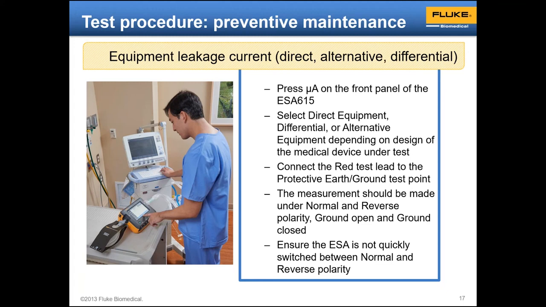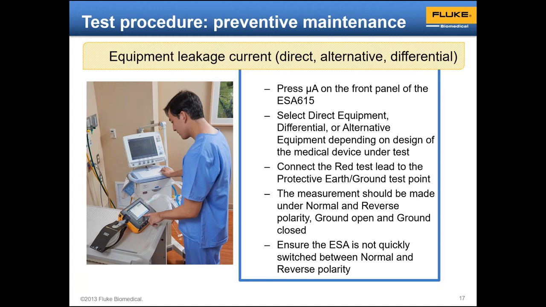We're going to leave that red test lead connected to the accessible ground test point, and we will measure. This time we're going to push the microampere button on the front panel of the ESA and observe the value that we see.